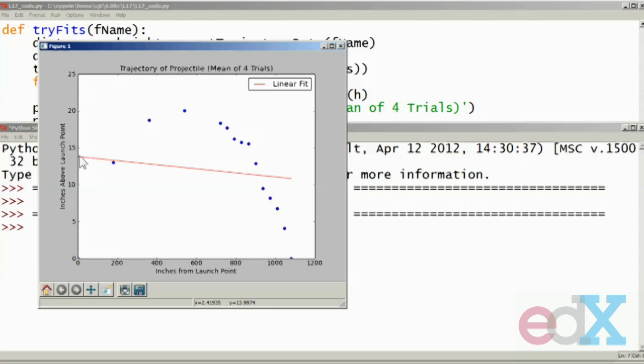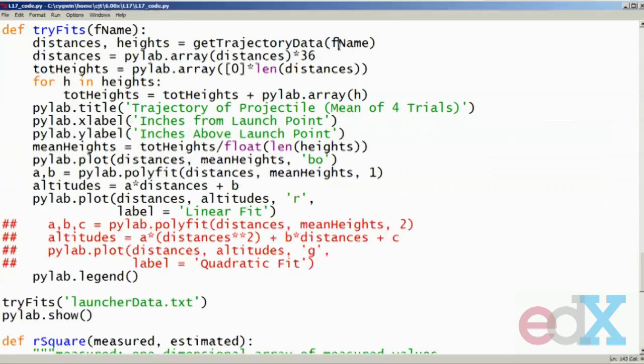And here's a linear fit of a line to that data, and it's probably fair to say that the hypothesis that the arrow travels in a straight line from the bow to the target is not a good hypothesis. You can just see that this linear fit seems to bear no relationship at all to the actual data points. So let's go back to our code and try a parabolic fit.